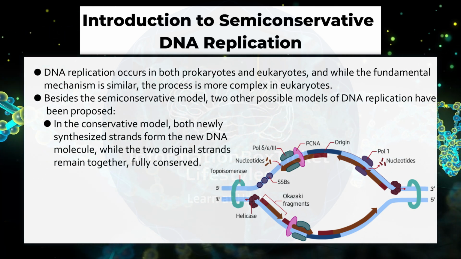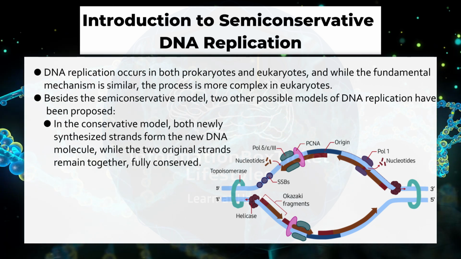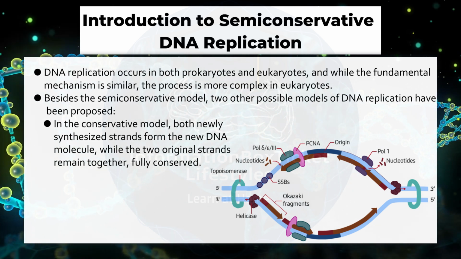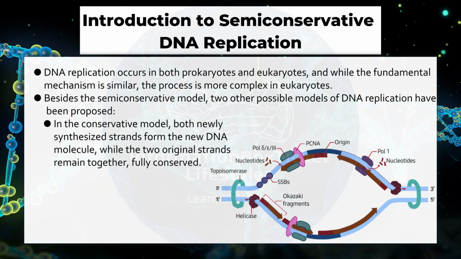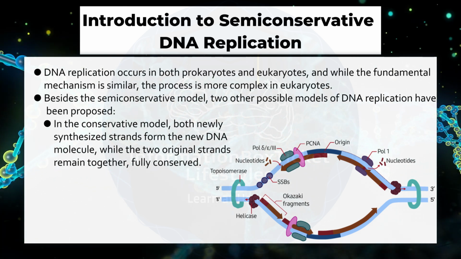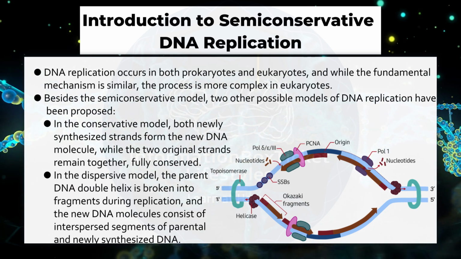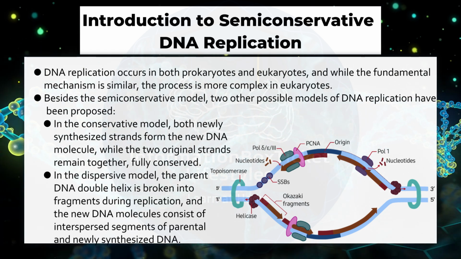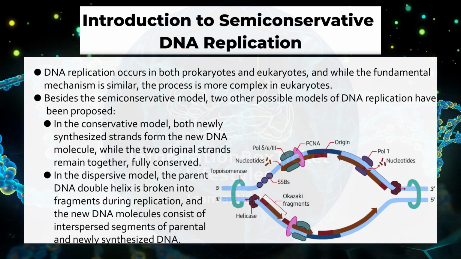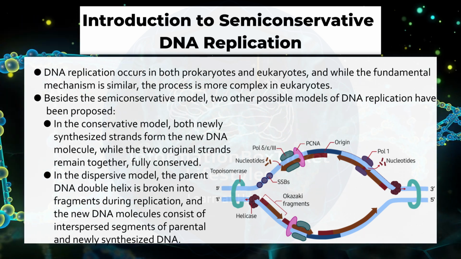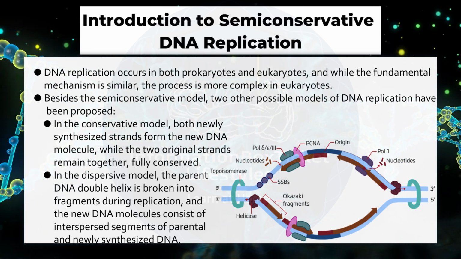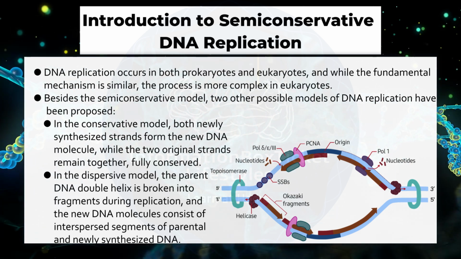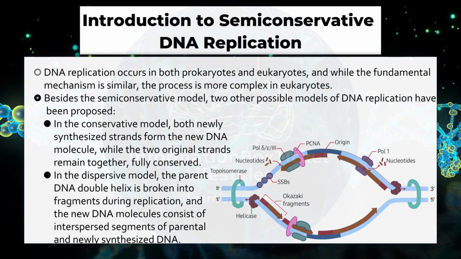In the conservative model, both newly synthesized strands form the new DNA molecule, while the two original strands remain together, fully conserved. In the dispersive model, the parent DNA double helix is broken into fragments during replication, and the new DNA molecules consist of interspersed segments of parental and newly synthesized DNA.